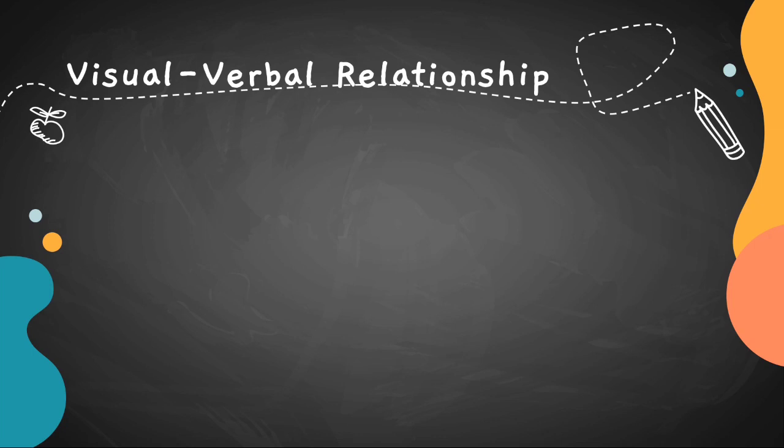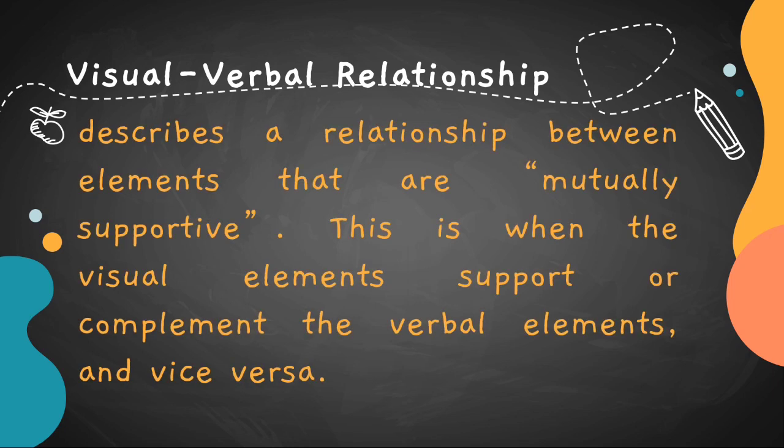That's right. Visual and verbal elements are mutually supportive to one another. Hence, a visual-verbal relationship is mutually supportive. This is when the visual elements support or complement the verbal elements and vice versa.